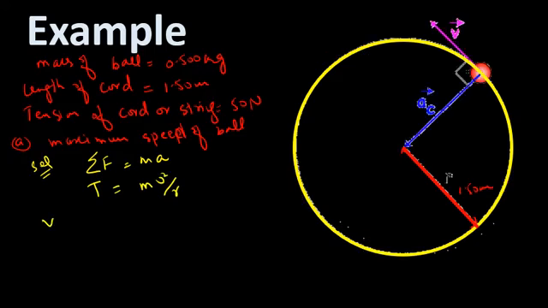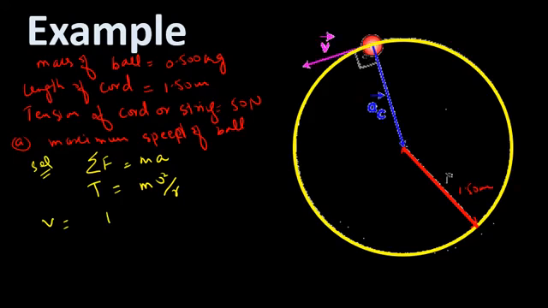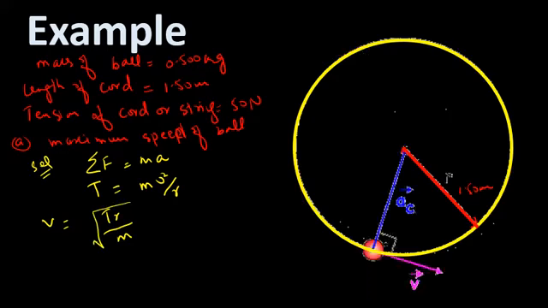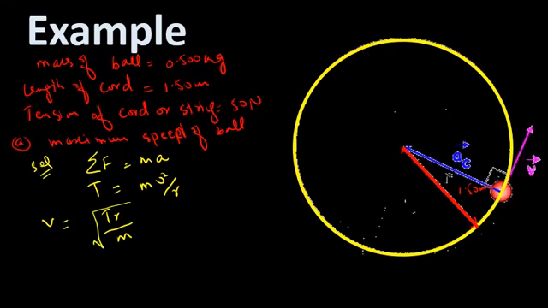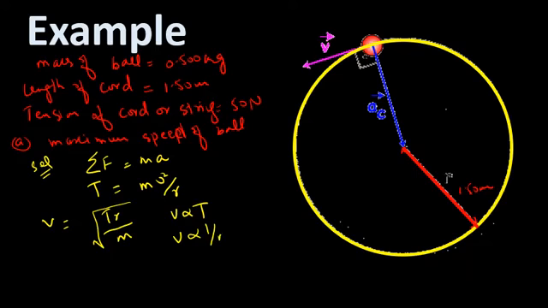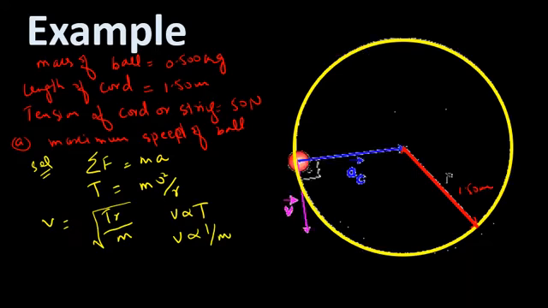So the speed will be equal to the square root of T r divided by m. From here you can see that v is directly proportional to the tension in the string and inversely proportional to the mass.